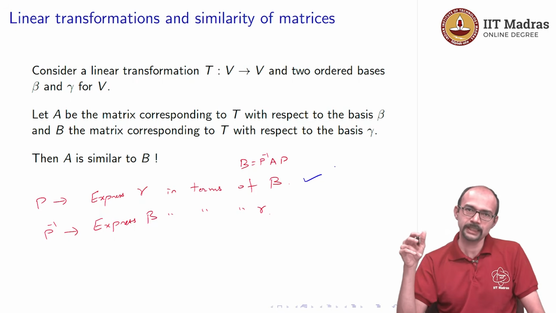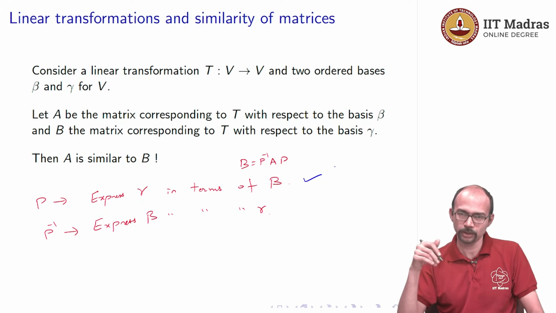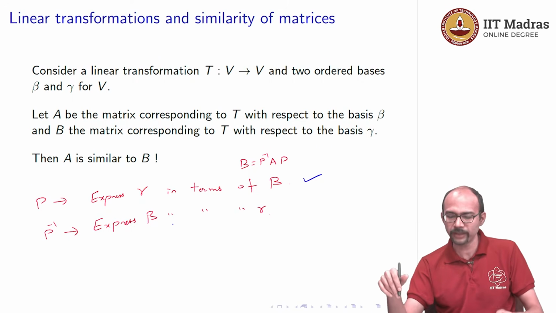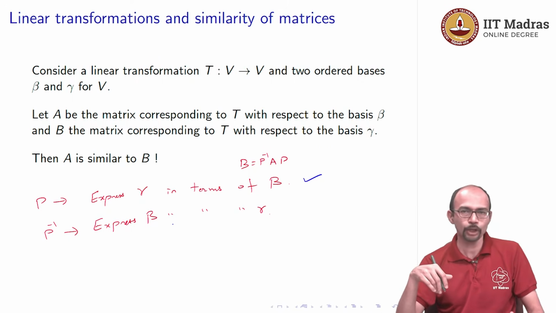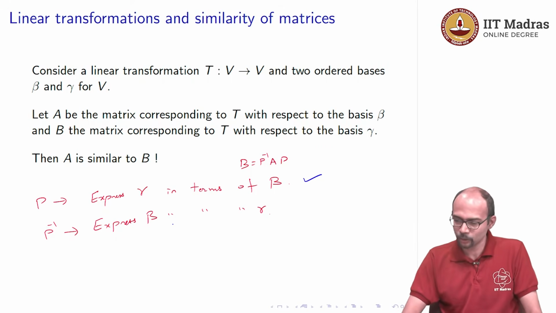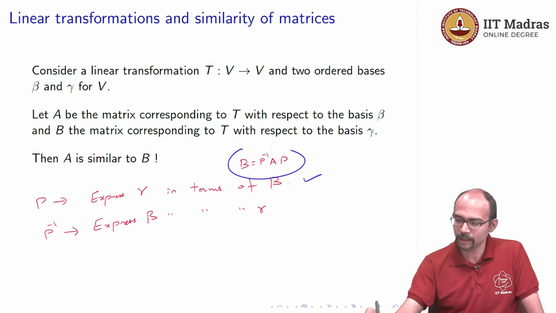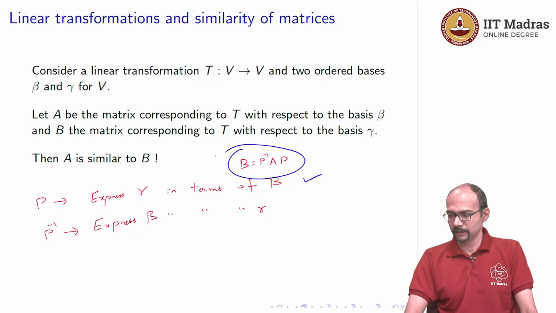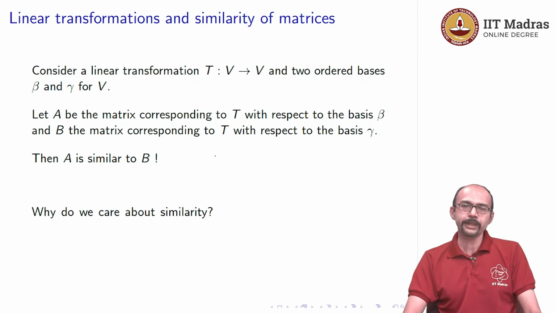For the first equation, put the coefficients into the first column. For the second equation, put them into the second column, and so on. For the nth equation, put them into the nth column. That is your matrix P. Same thing, but the opposite way, that is your matrix P inverse, or you can get it just by inverting P, and you will find that you end up with B is P inverse AP. Again, it is not a proof based course, I won't prove this fact, but this is how you get P.